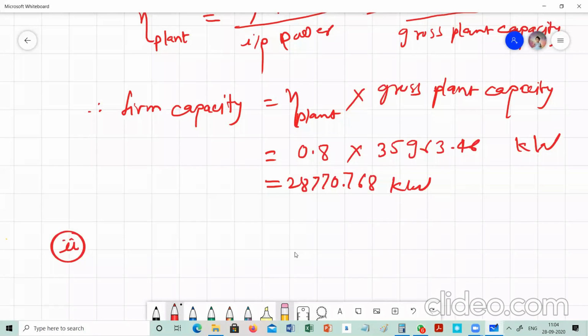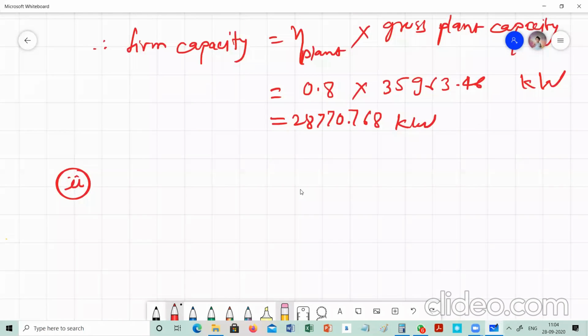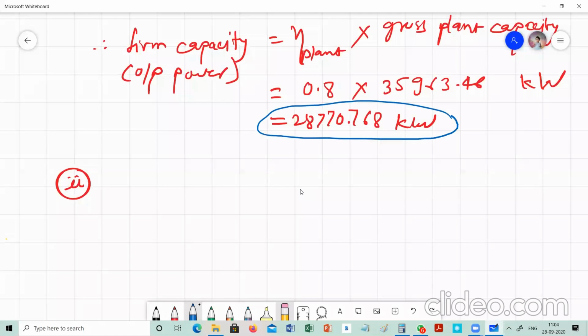Now the second point they ask is yearly gross output. Yearly gross output means, if the firm capacity is 28,770 kilowatt, and firm capacity is nothing but the output power, if the electrical output power is this much, then what is the yearly gross output, that is, the yearly energy, annual energy?